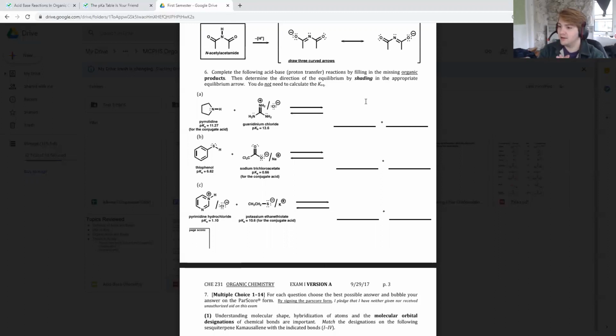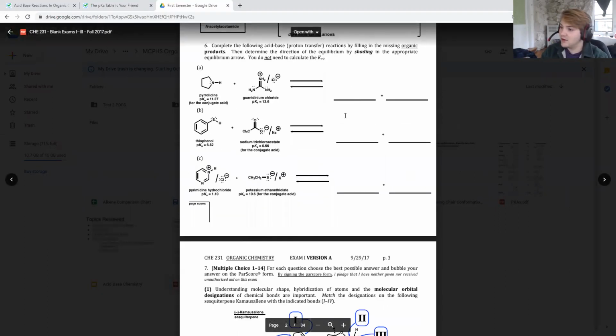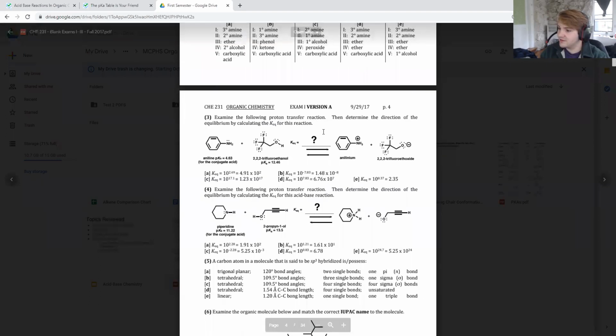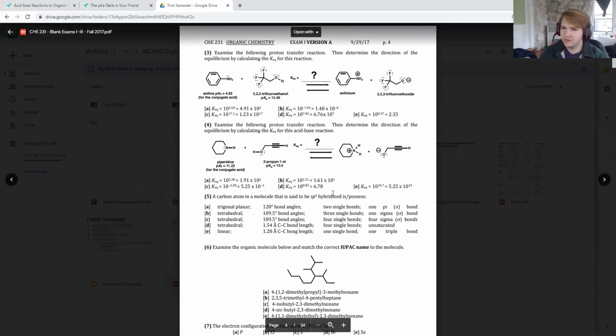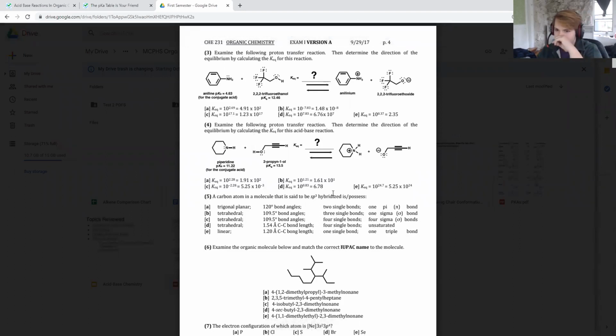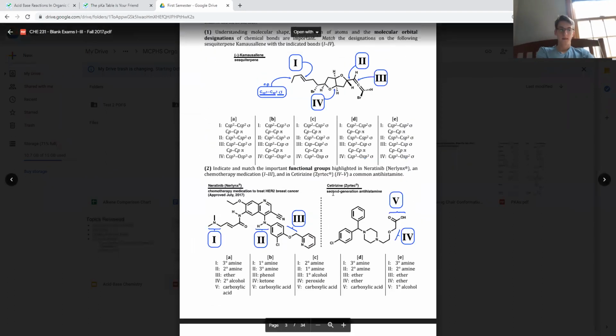And then it'll be like, which way does the arrow lie, towards the products, towards the reactants, stuff like that. I think it'll look something similar to this. So like, examine the proton transfer acid-base reaction and determine the Keq. This is how you would go about it, or something similar to this. Does that make sense? Yeah, thank you. Yep.